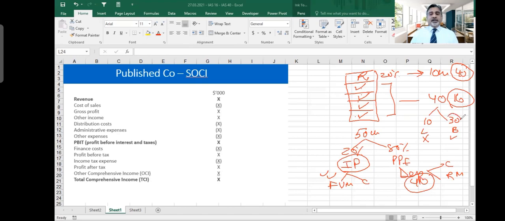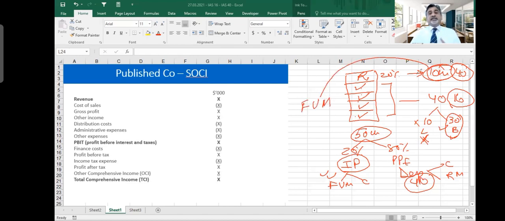So you will be calculating your depreciation only on 30 million. This investment property will not be depreciated. So in the books, the asset is 50: separated 10 million as IAS 40, no depreciation, 40 million as IAS 16. But out of 40, 10 is land, again no depreciation, 30 is building, and I should be doing depreciation, and of course, the number of months. And this 10 million, which was my investment property, I will check the fair value at the end of the year.